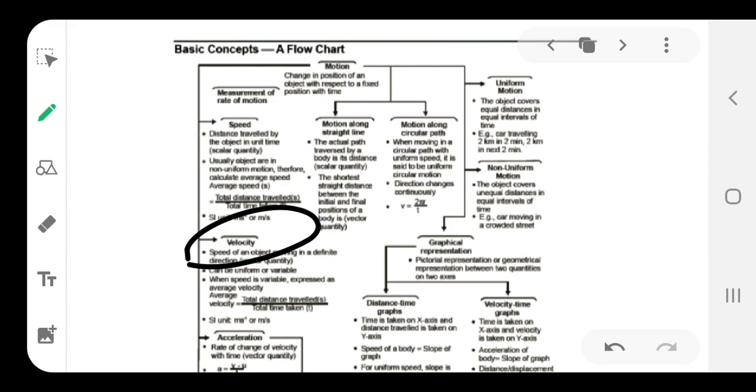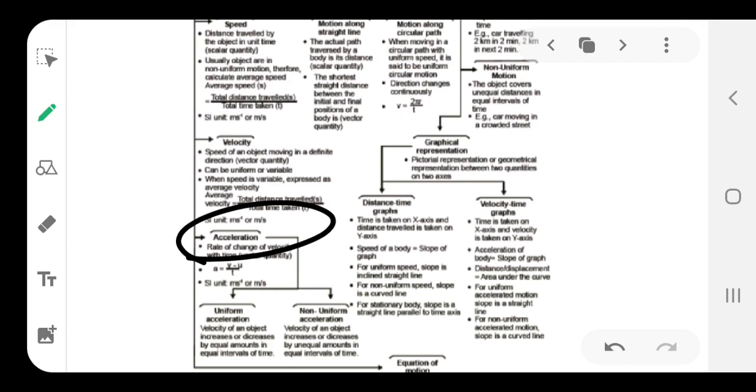And after velocity, the term that should be known to you is acceleration. Again, we have many subtypes: uniform acceleration, non-uniform acceleration, average acceleration, then instantaneous acceleration.